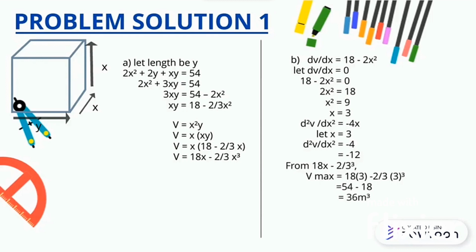Then, find the second derivative, where d²V/dx² = -4x. Plug x = 3 into the equation. Our second derivative is -12, which is less than 0. Indeed, it is a maximum value. Lastly, from V = 18x - (2/3)x³, let x equal 3 to get the maximum value.